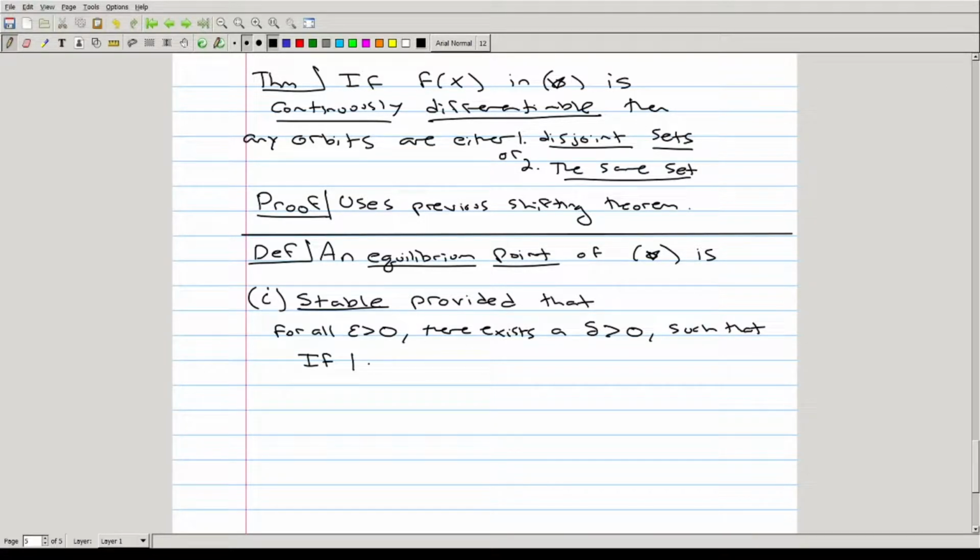if the distance between y1 and y0 is less than delta, then the solution phi of t, with initial condition y1, so this is the solution to the differential equation star for the initial condition y1, exists for all t in the interval from 0 to infinity.